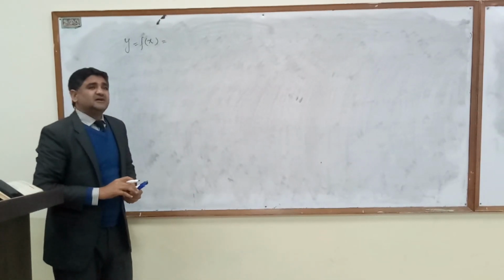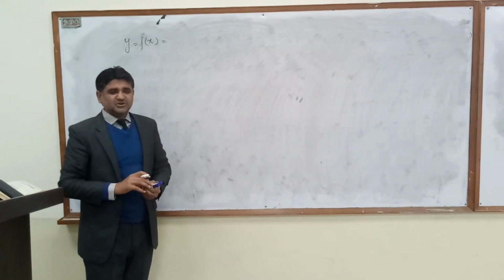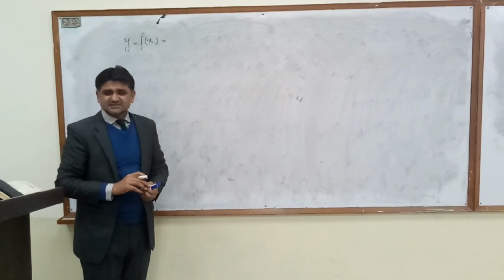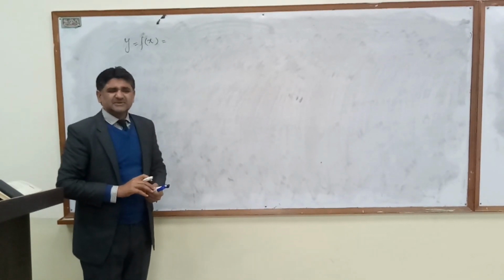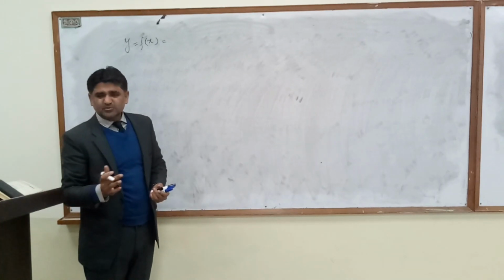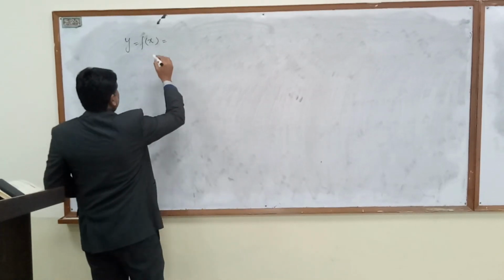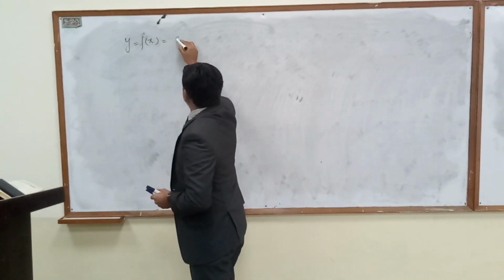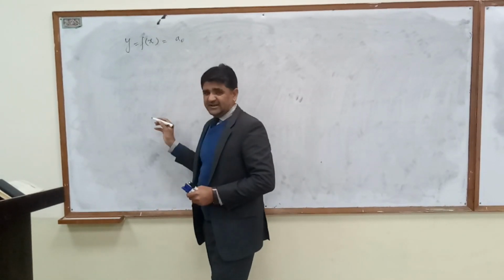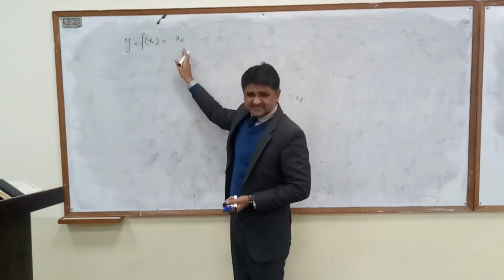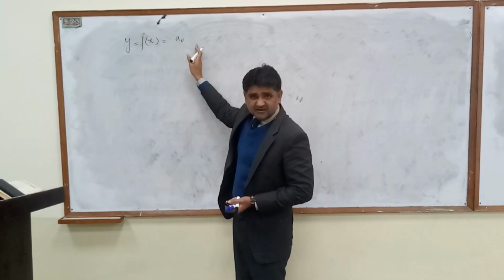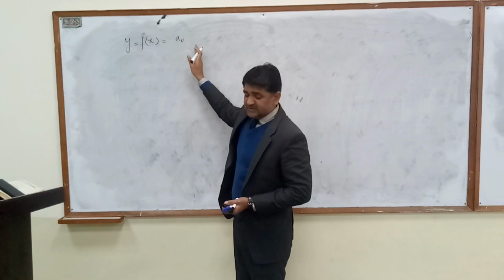In the book they are denoting the constant as a naught. We can write c, we can write k, we can write any numerical value. It can be any number. The general form of constant function in the book is a naught. You can say it's c, it's k, or any real number.